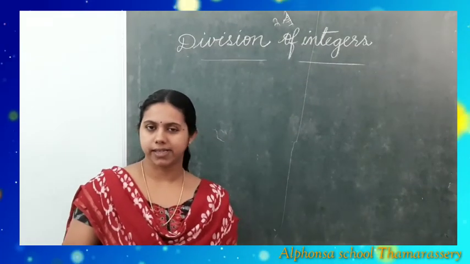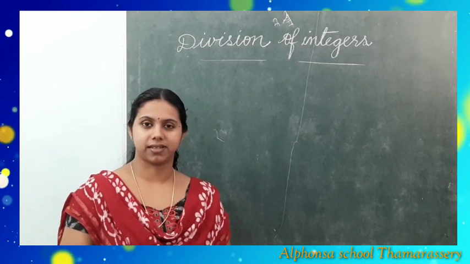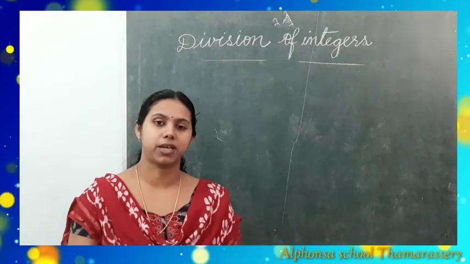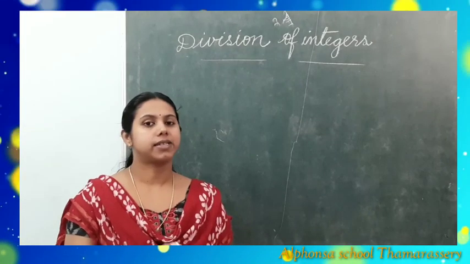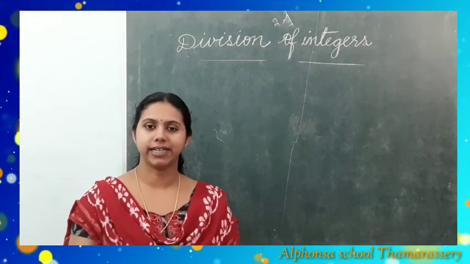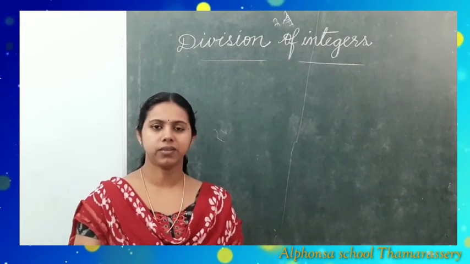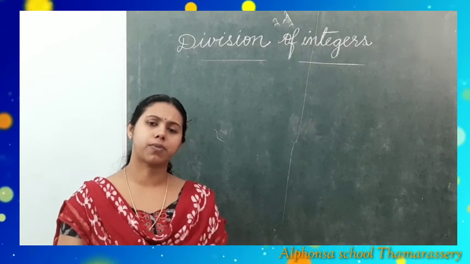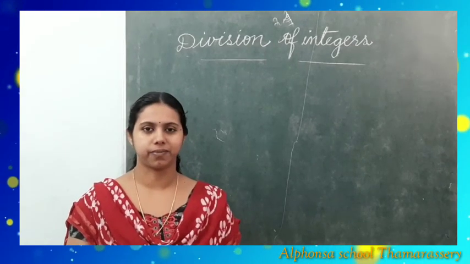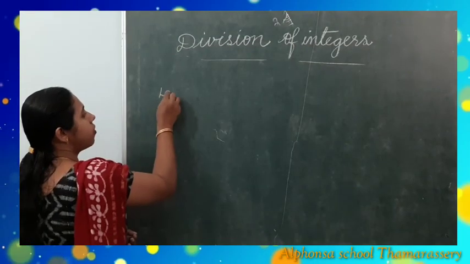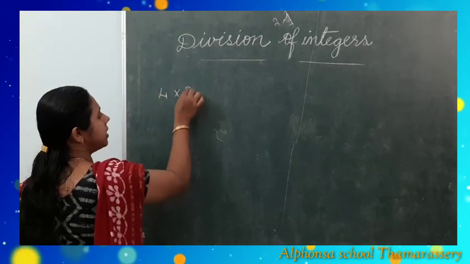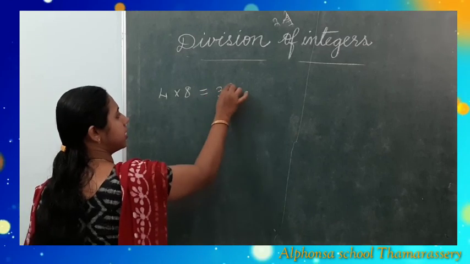Now we will discuss the division of integers. We already studied the multiplication of integers and its properties. Division is the inverse process of multiplication. For example, 4 into 8 is equal to 32.